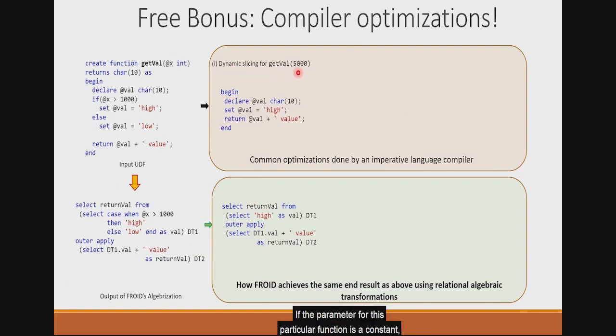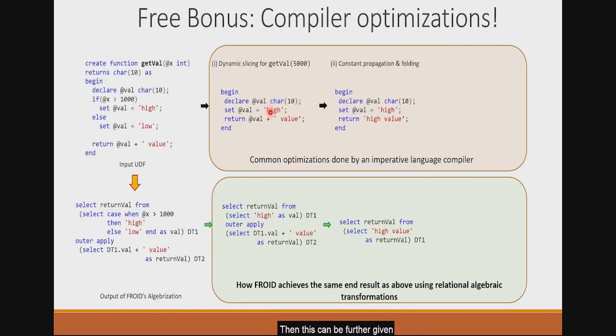If the parameter for this particular function is a constant or is known at compile time, you could eliminate the if conditions and make the program simpler. And it turns out that if we give this same program to a database engine, it can also perform a similar simplification, which achieves the same outcome as dynamic slicing.